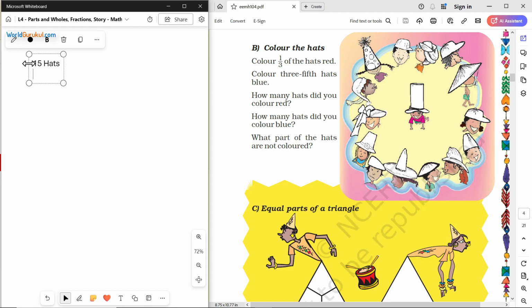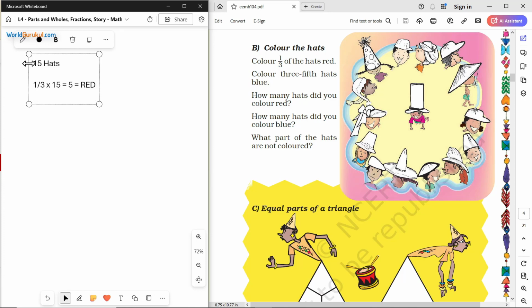And you need to color 1/3 of the hats. 1/3 of 15 is going to be how much? Can you tell? If you divide 15 into 3 parts, each part is going to be 5. So 1/3 of 15 is 5. You need to color them red.